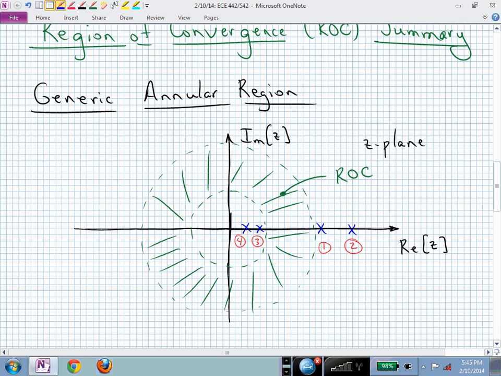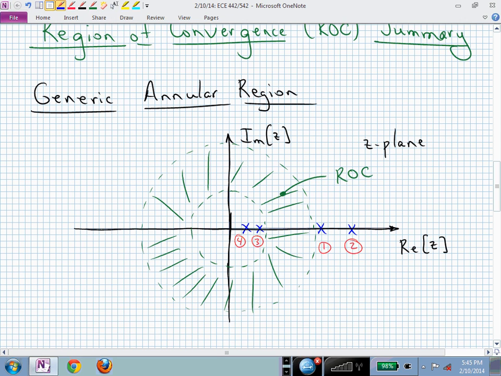So now, because this is a waveform, and this is now our region of convergence, this is saying that these two poles, 1 and 2, correspond to an anti-causal time index, or indices that are negative. Let me go through another example, and hopefully this will be clear.